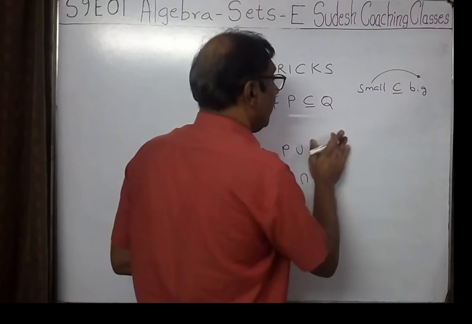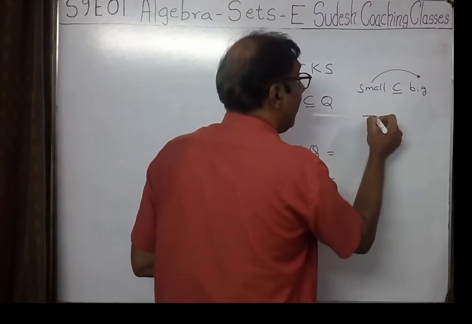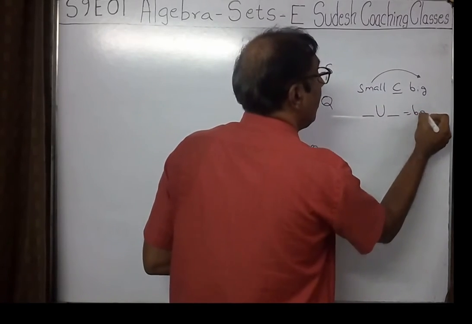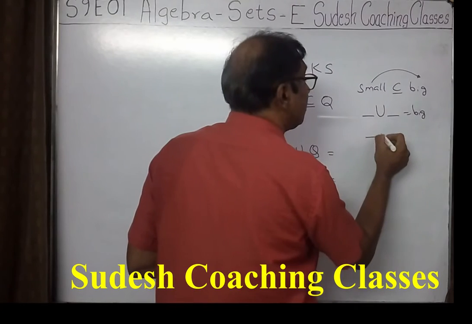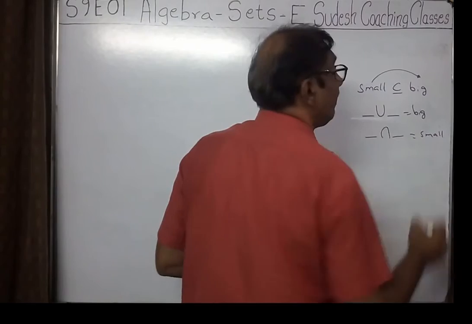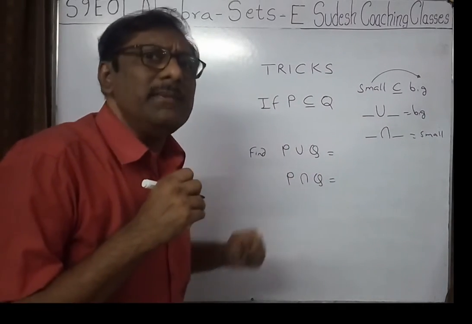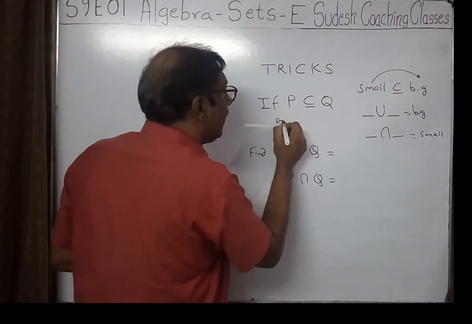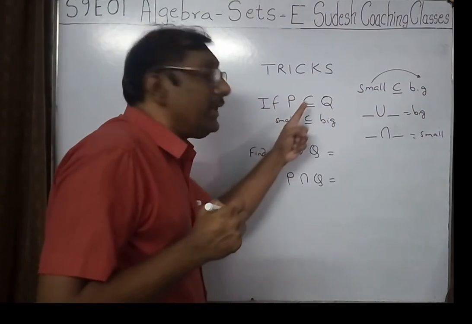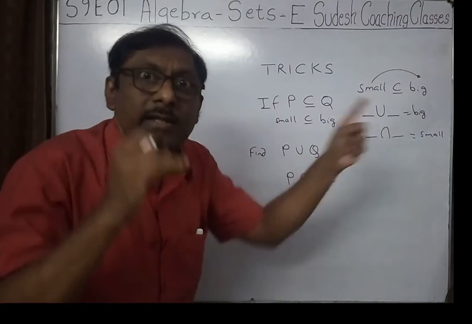The second formula is whenever such things happen, that something is a subset of something, then the union of any two sets between them is the biggest set, while the intersection of any two sets between these sets is the small set between them.